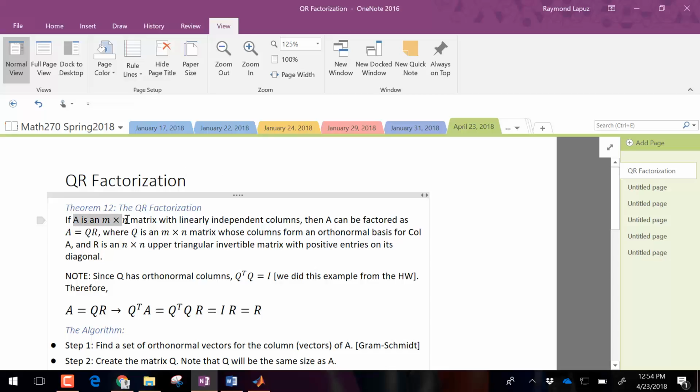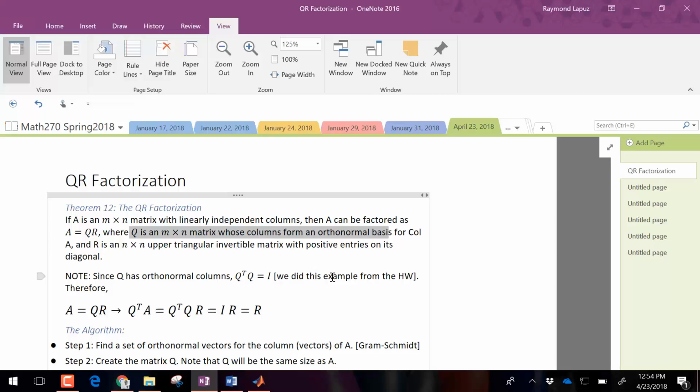So if we start off with an m by n matrix, notice it doesn't have to be a square matrix, with linearly independent columns so that we can use the columns to span the space, then A can be factored as A equals Q times R. Now Q is an orthogonal matrix. Remember, an orthogonal matrix has column vectors that are orthogonal and normal.